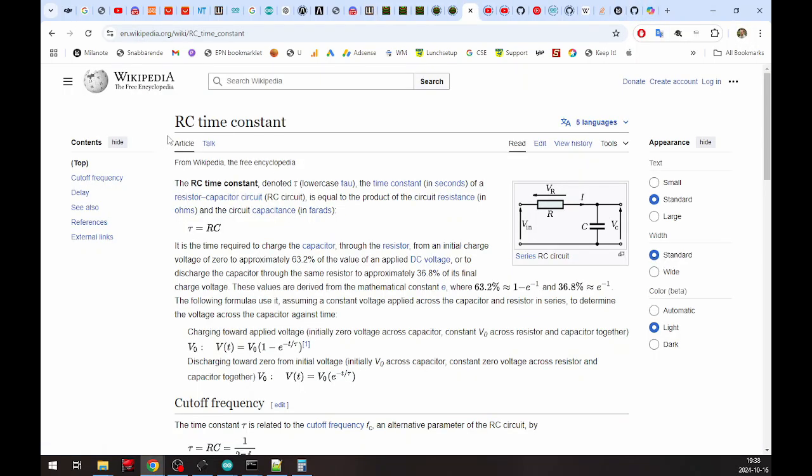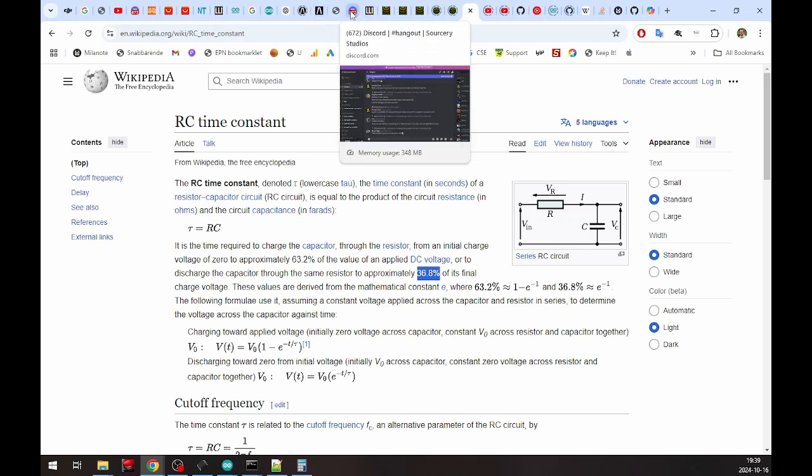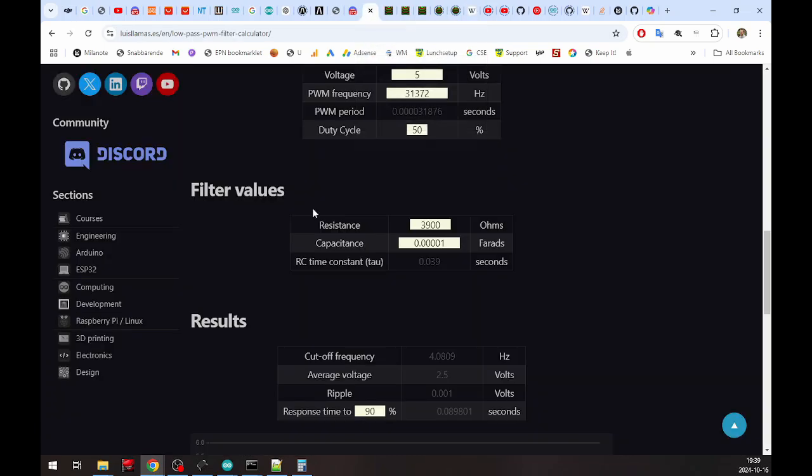Well, tau, or RC time constant, is the time required to charge the capacitor from 0 to approximately 63.2%. And I don't know why this value is important, 63.2. Also to discharge the capacitor to 36.8. So yeah, I don't really know why.